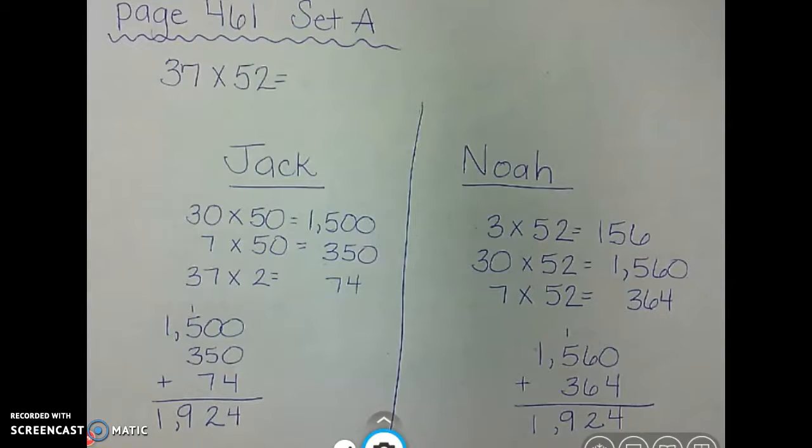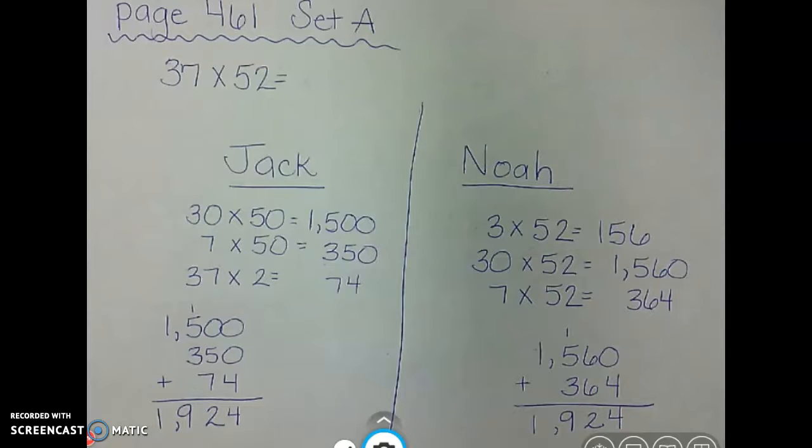And then I did 7 times 50, which equals 350, because that's really easy for me to multiply by 50s, because to me, it's like multiplying by 5s. Then all I needed to do was the 2 37s, so 37 times 2. And that's easy for me too, because it's 37 plus 37, which equals 74.